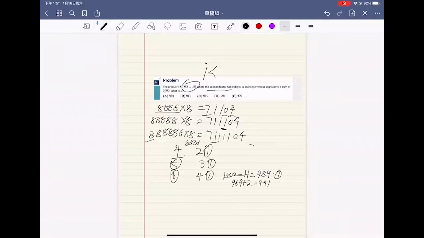If the question is asking in that way, that means 8 multiplies a bunch of 8s, so there's going to be some pattern in the answer. If I can find the pattern, I can find the result. So I tried 4 eights, 5 eights, and 6 eights, and I found they increase 1 each time. That's how I got the result.